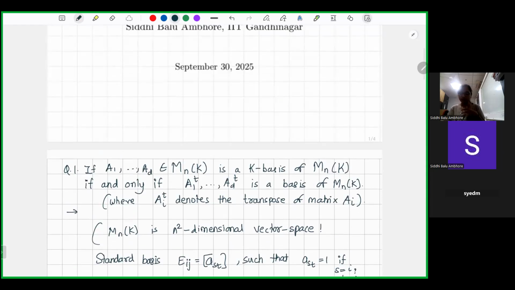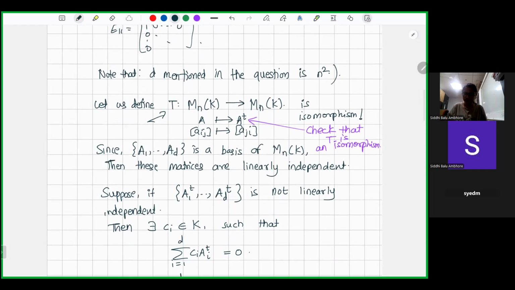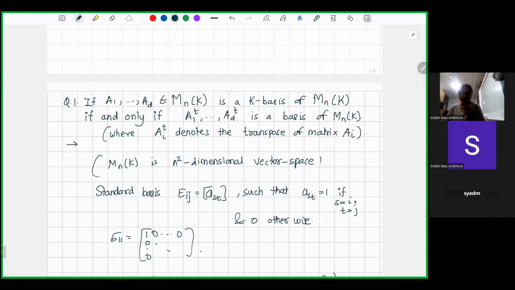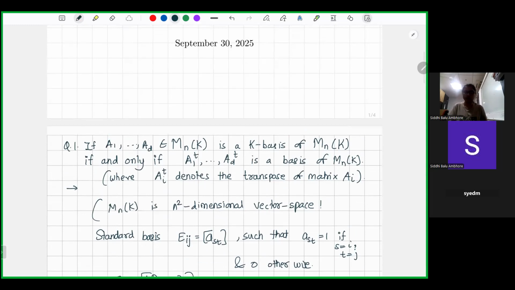Okay, so what we proved here, so this is one direction, is that if A1 to AD is a K basis, so we are asked to prove an if and only if statement. So this was one direction, that if A1 to AD is a K basis, then their transposes will form a K basis. And now the reverse part.